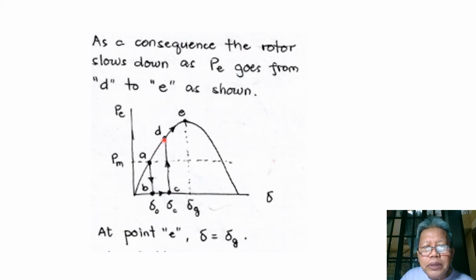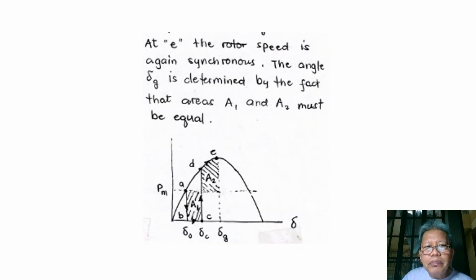Now, as a consequence, the rotor slows down as PE goes from D to E as shown. From point D, because PE is greater than PM, the speed of the rotor of the generator slows down up to point E, which corresponds to delta G. So at point E, delta is equal to delta Z. Now, at E, the rotor speed is again synchronous.